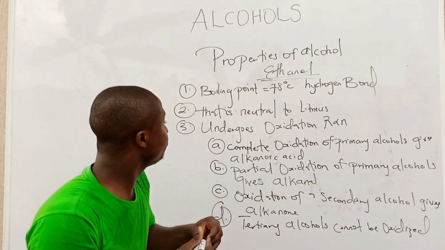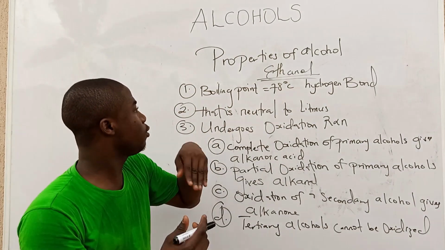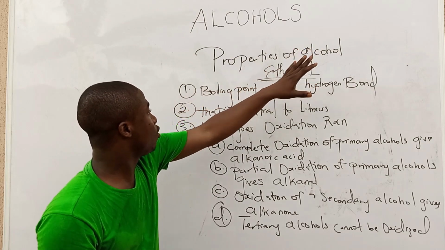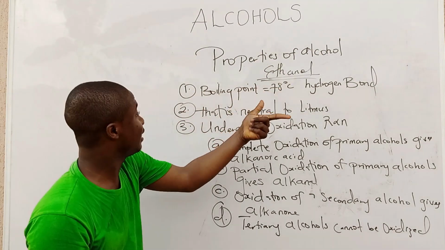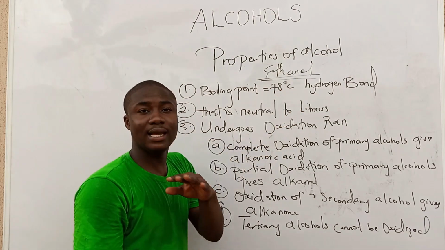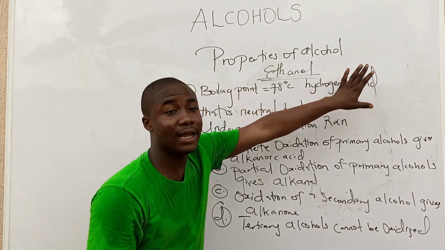Now, moving further to talk about other properties of alcohols, let's get a recap. The first property, I used ethanol as an example: ethanol has a boiling point of about 78 degrees Celsius, which is high due to hydrogen bond.